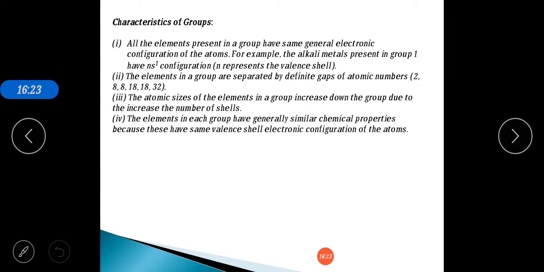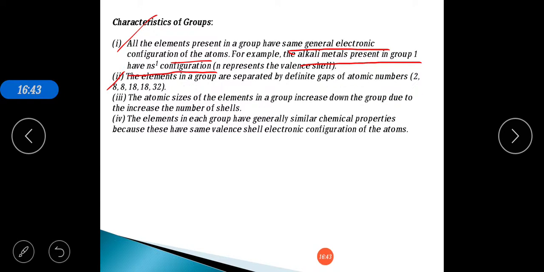Now, characteristics of groups. All the elements present in a group have the same general electronic configuration of the atom. For example, alkali metals present in group 1 have ns1 configuration.